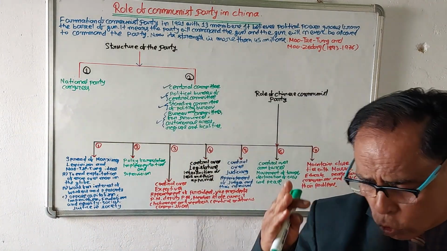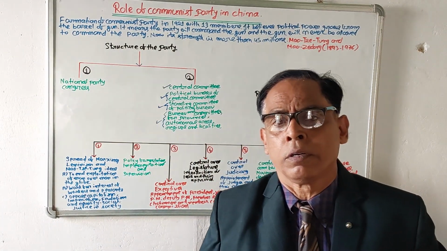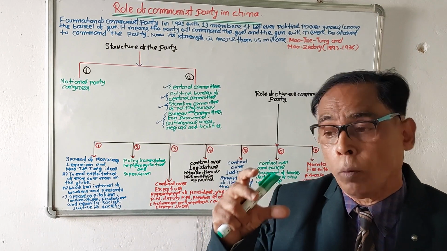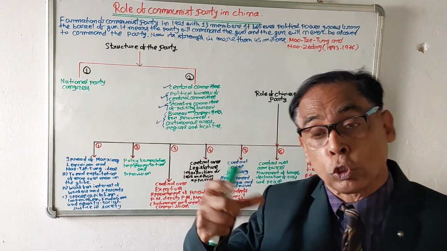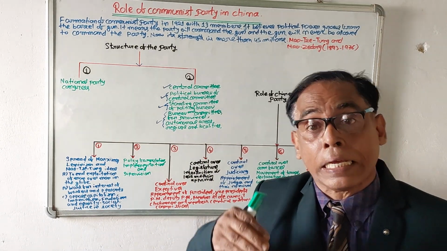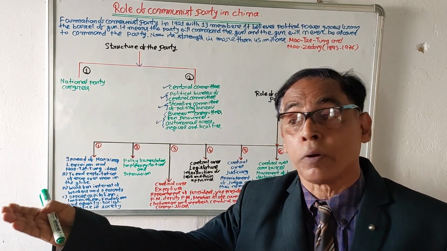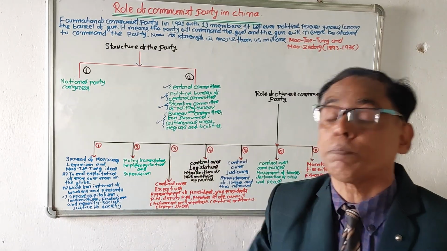So in this video we have discussed that in China the Communist Party is very powerful, so powerful that it can command everybody, but no one can command the Chinese Communist Party.